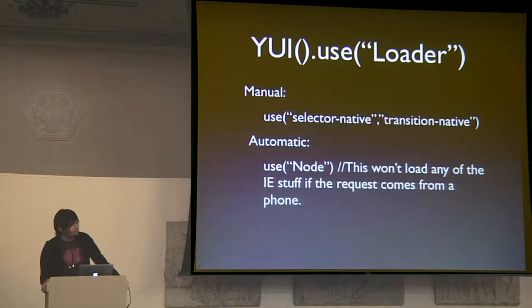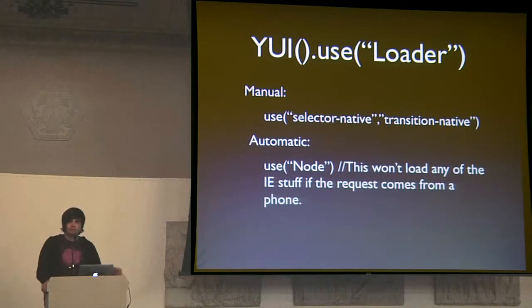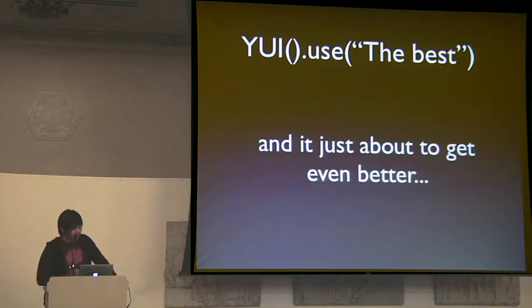If you deploy this app on the desktop, then it will give you all the desktop stuff that you need in order to work. But if you were gonna deploy your app on a mobile device, it will know that it's a mobile device, and it will serve you the node-specific stuff that applies to that device. So again, it's really cool stuff that you can do, and it's about to get way better.